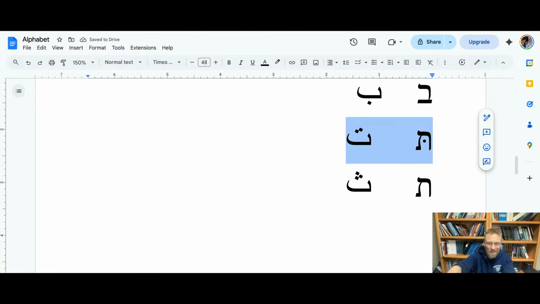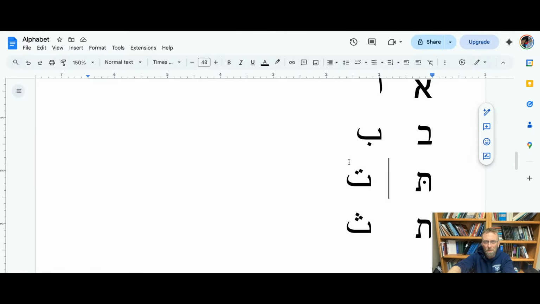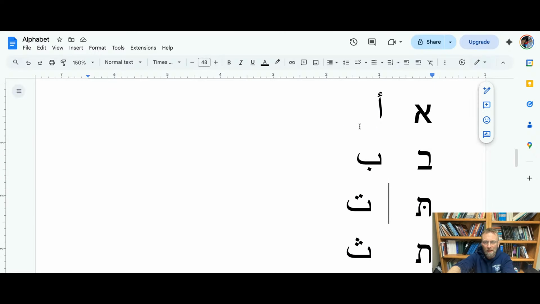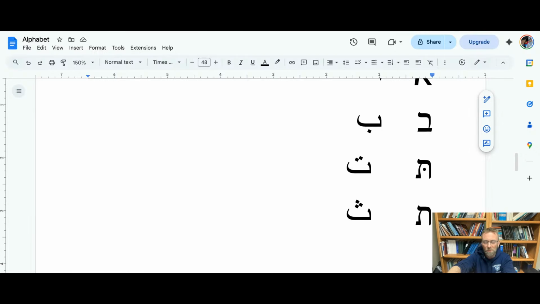Now, it gets really tricky here because we have to recognize that this is the Arabic alphabet order. Tav is actually the last letter in the Hebrew alphabet. So I'm going to erase it in a little bit to reorganize it so you can see the Hebrew arrangement. But yeah, the Tav can have a T and a TH sound.